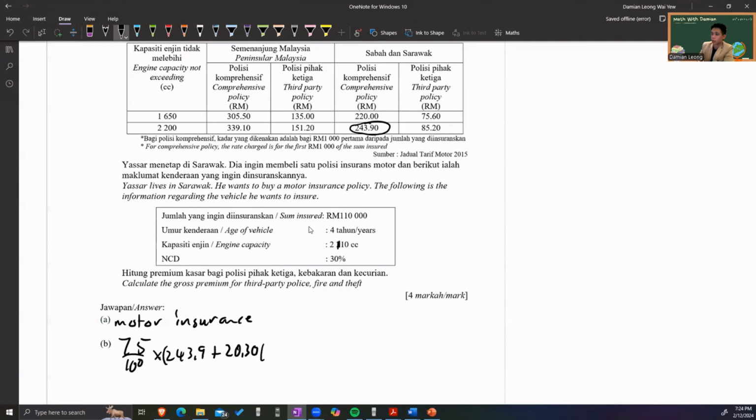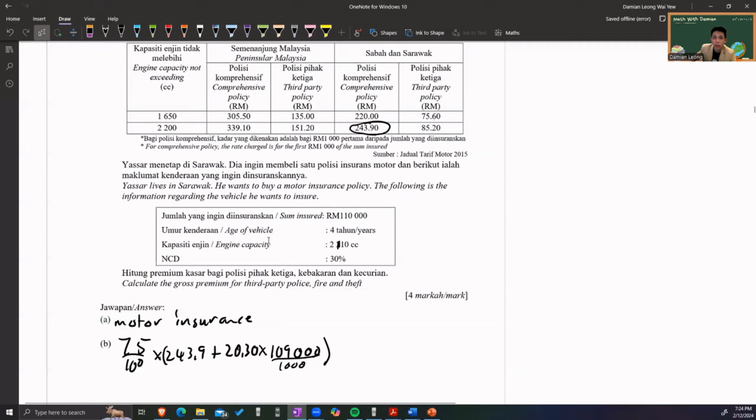Times 109,000, so minus the first 1,000. 109,000, but this is per thousand, so divide by 1,000. You can divide 1,000 here or here, it doesn't matter.